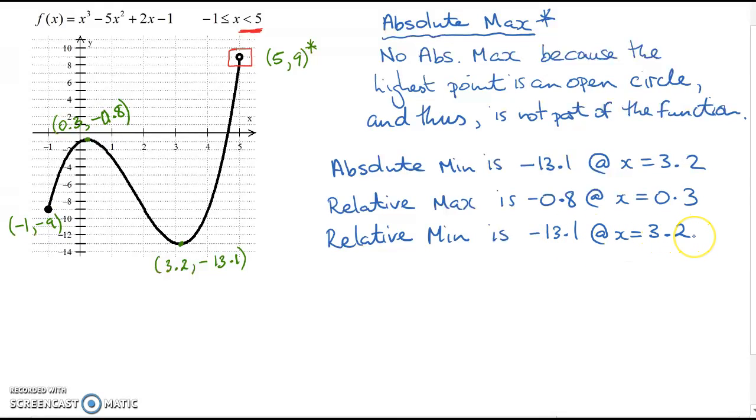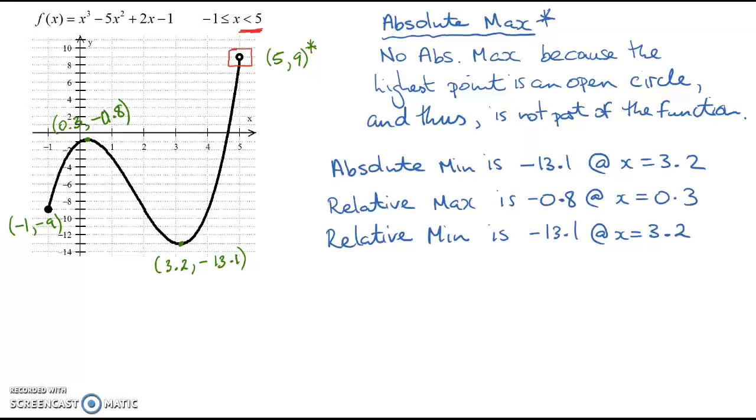The bottom of the valley, again, is the lowest point on the graph, so it's also the absolute minimum. And that may or may not be the case. It's not necessarily going to be the case that the relative minimum is always the absolute minimum, but you can see that it can be as well.